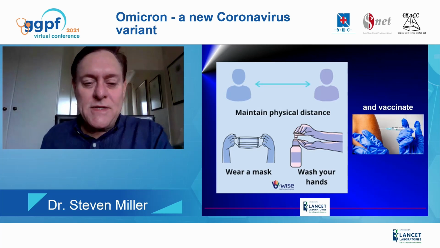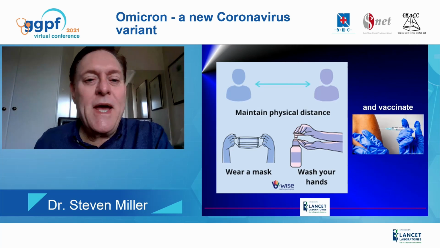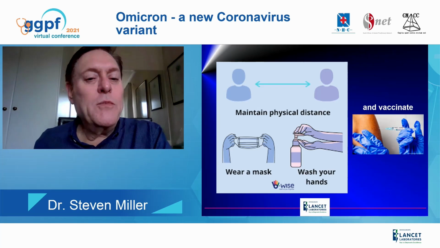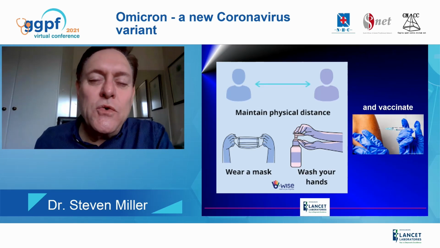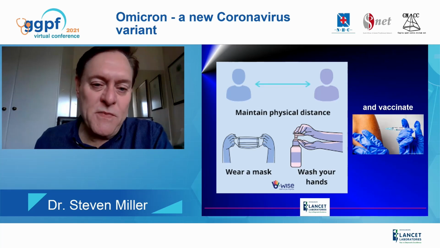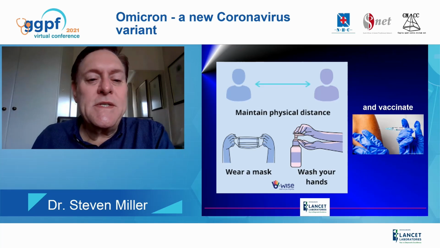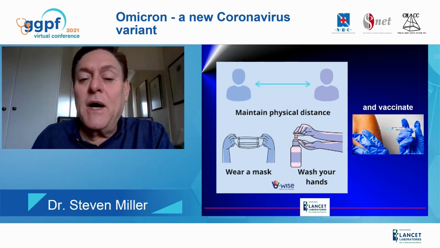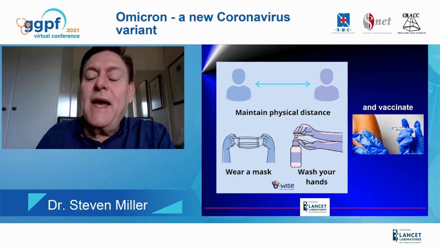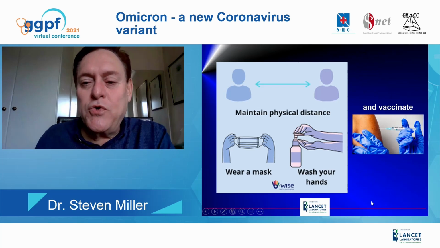So in the meantime, I know this sounds a little silly when we're facing something new and at the moment uncertain, but we do know that whatever the variant is that's circulating, it cannot cause infection unless one allows it to be transmitted. So the good old standbys of maintaining physical distance, wearing a mask and hand sanitizing, and above all, vaccinating people still hold true.